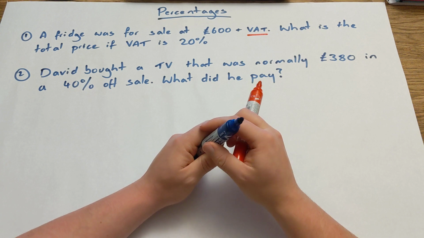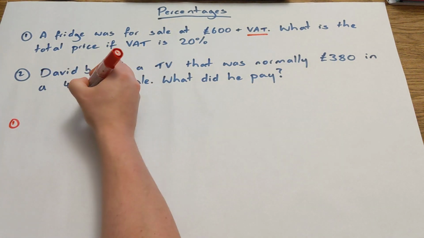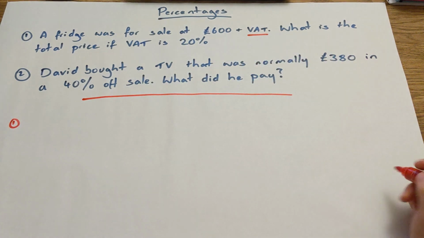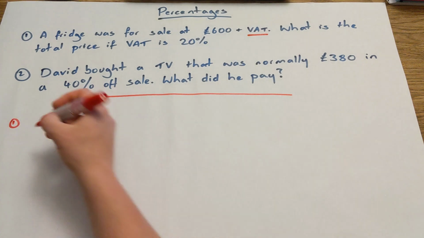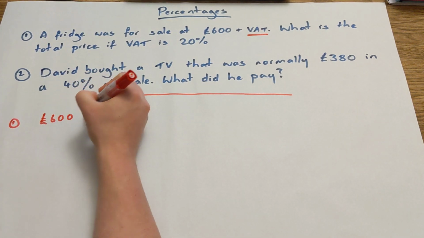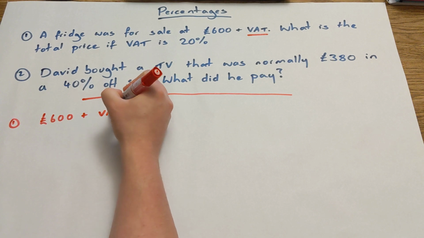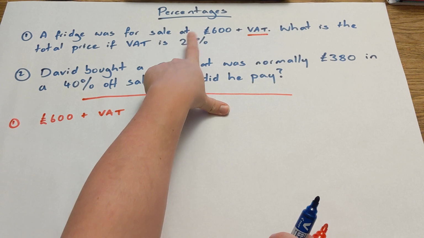Okay, so let's have a look at this then. Question one. So the normal price is £600. So it's going to be 600 plus VAT. But we know VAT is 20%.